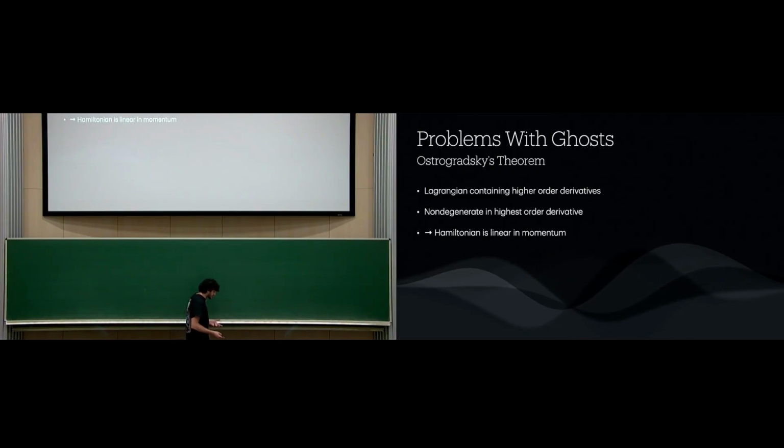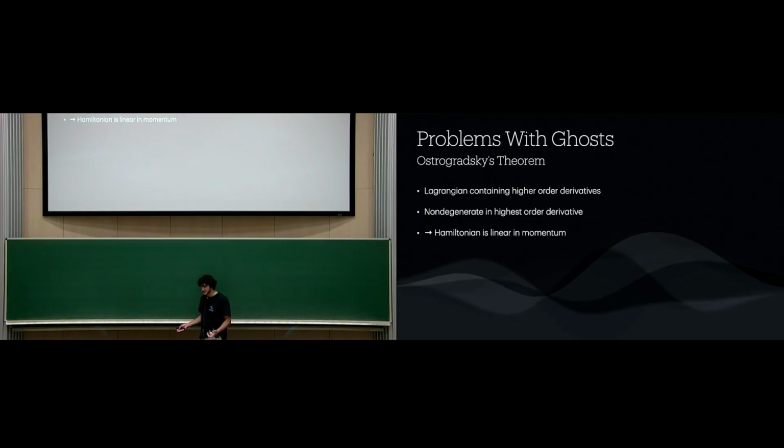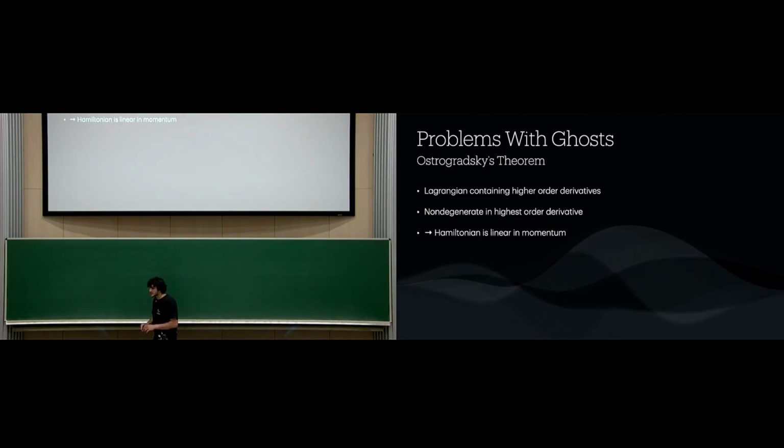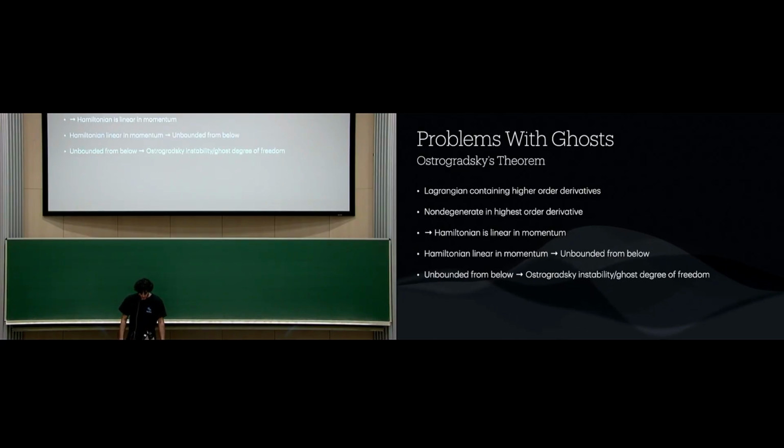Because it's linear in one of the momenta, all of a sudden it's unbounded from below, and you have an Ostrogradsky instability, which in many but not all cases can be interpreted as a ghost degree of freedom. And because it's unbounded from below, and so on.